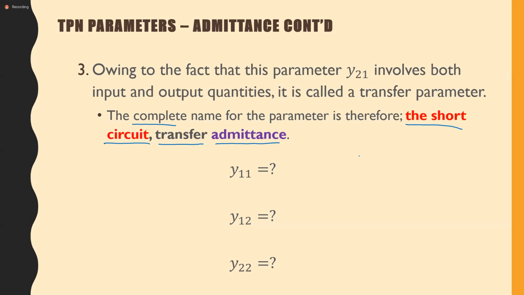I gave you the name for Y21. I want you to give me the complete name for Y11. Yes, Mr. Mark. Go ahead, man. Just take a shot at it. I don't even know what to say.